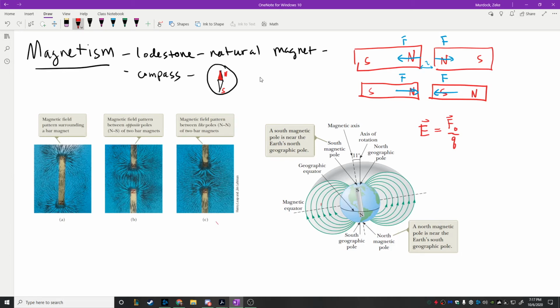Does that make sense? The compass is always going to point north geographically, but it's attracted to the southern pole of the Earth, and the compass needle would always line up like this. That's the direction that the compass needle would line up if we thought of it as just an arrow.